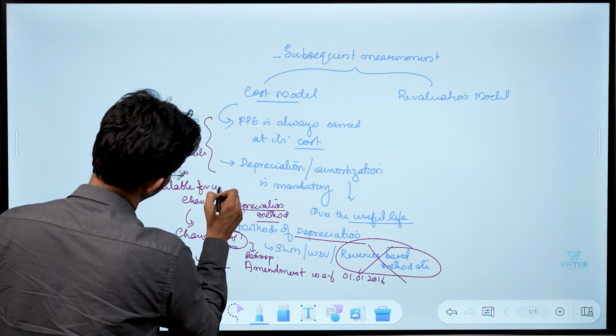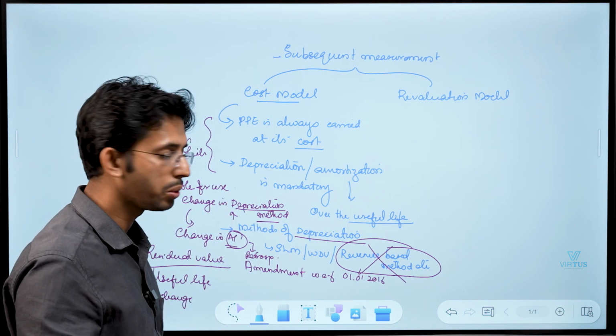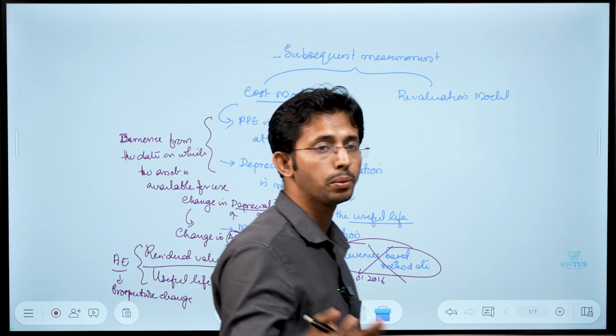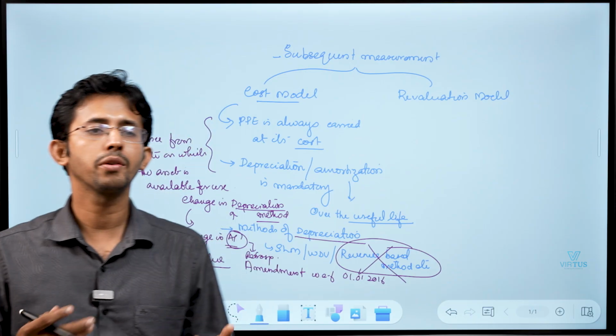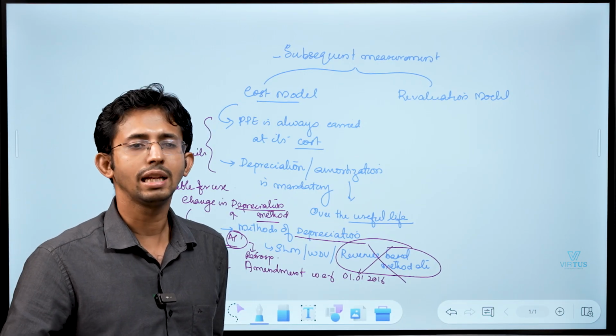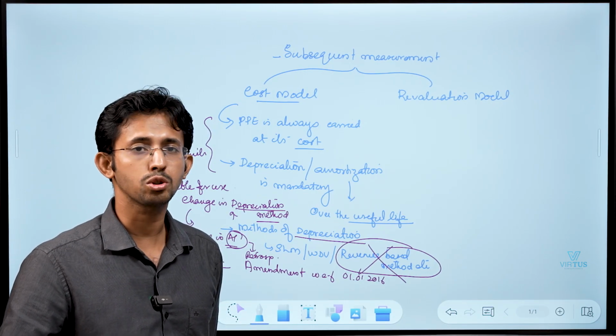You don't have to wait until it is actually put to use to charge depreciation. Rather, once it is available for use, you have to start charging depreciation. So that is about the depreciation and cost model.